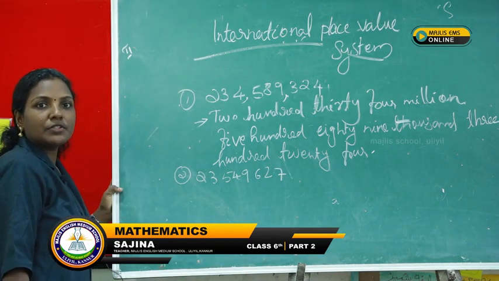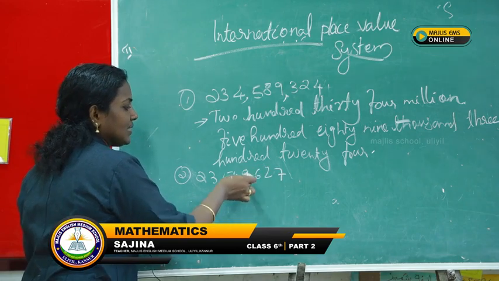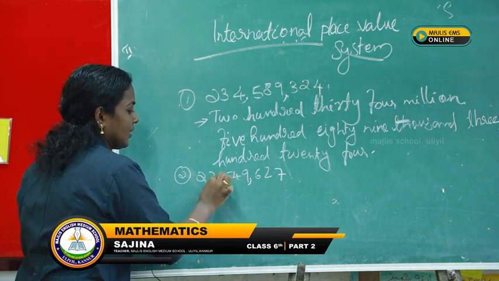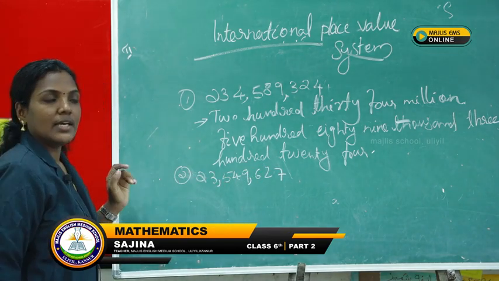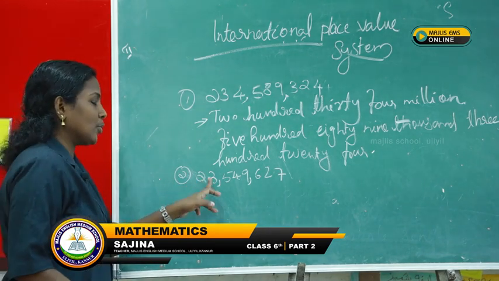Next example, second example. Then how to use commas? 1, 2, 3. Next is 3. 1, 2, 3. Here also 3 places. Okay, then how to read? In the millions period, which number? Yes, 23.